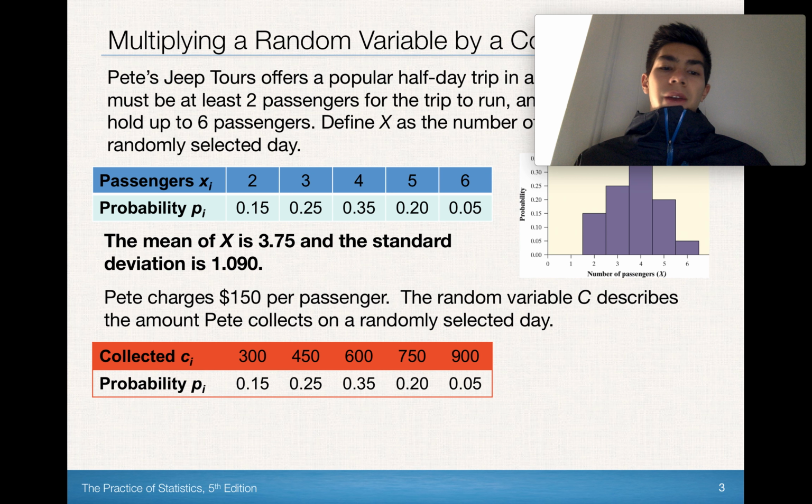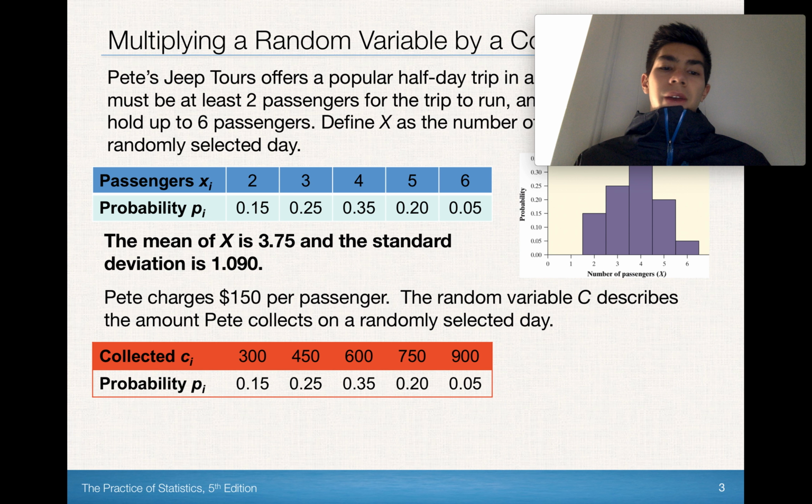And that does have a purpose because we see that our mean is 562.50, which if you look on your calculator is exactly 150 times our mean of X, which was 3.75. That is no coincidence.